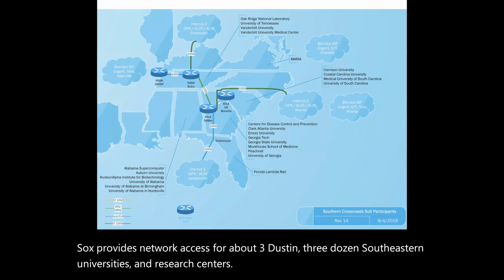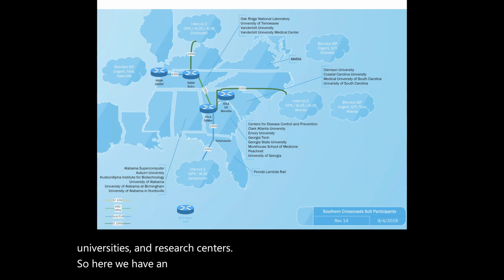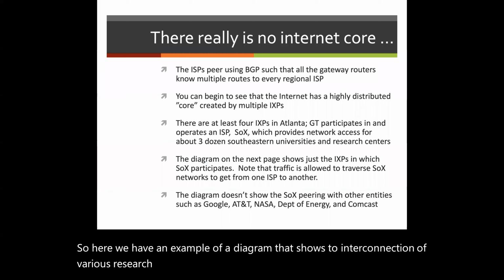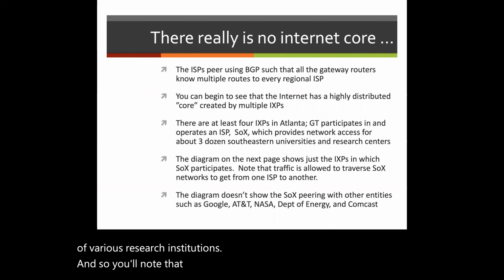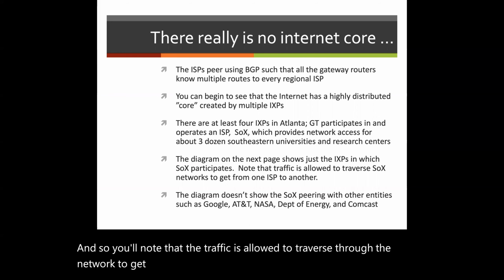So here we have an example of a diagram that shows the interconnection of various research institutions. And so you'll note that the traffic is allowed to traverse through the network to get from one ISP to another.